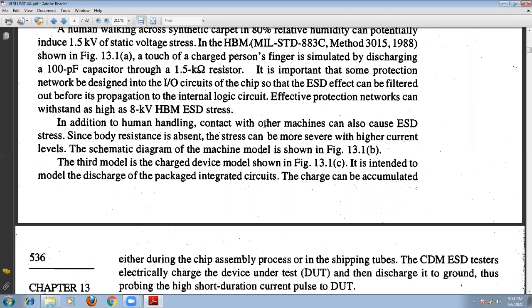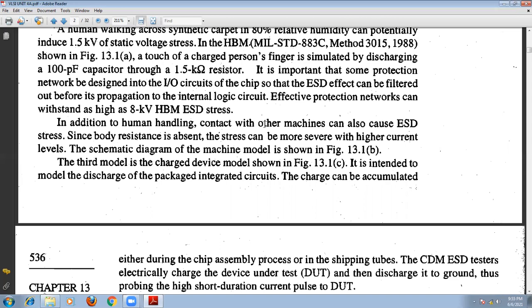For example, this machine model is sometimes called the zero ohm model. It is designed to simulate a machine discharging through a device to the ground.